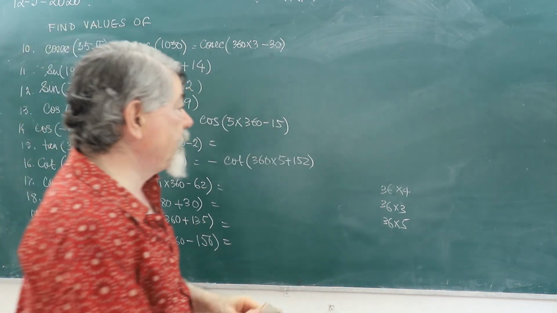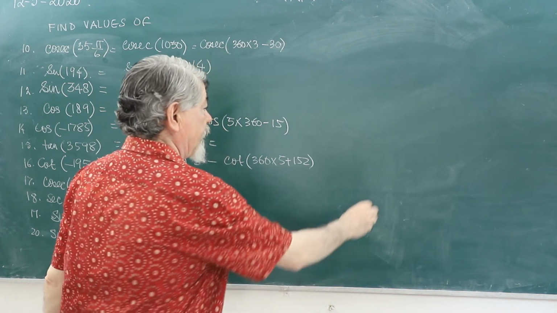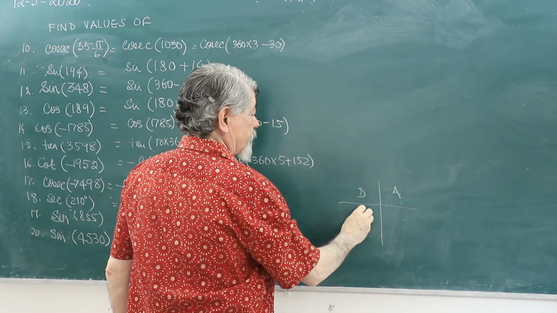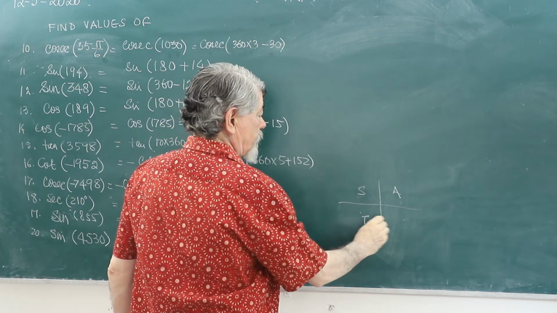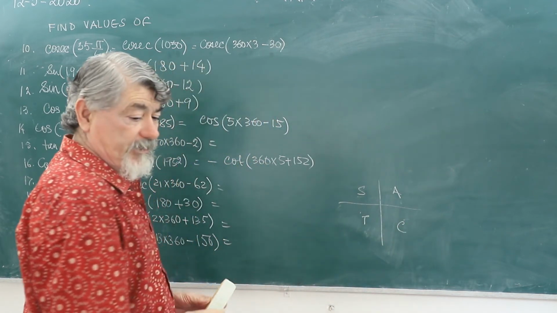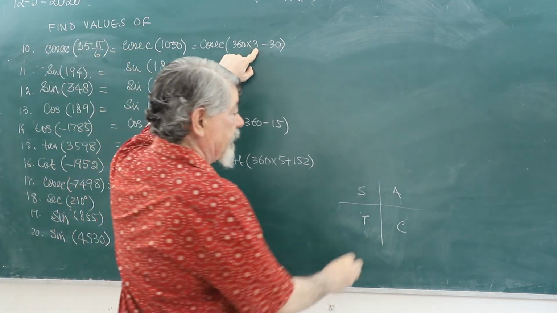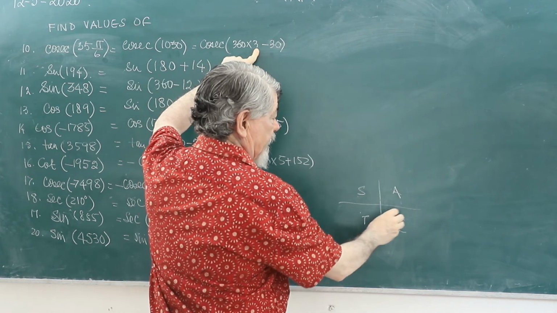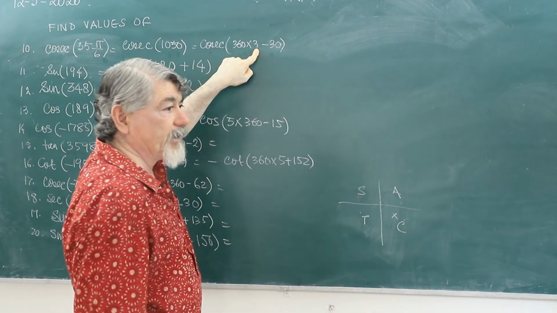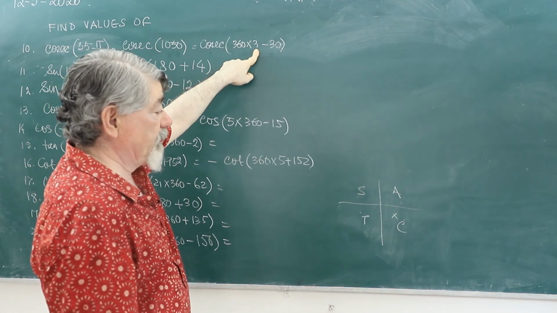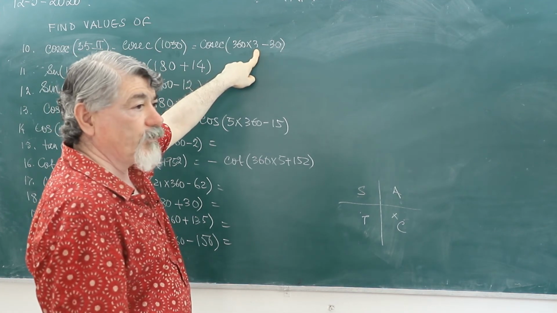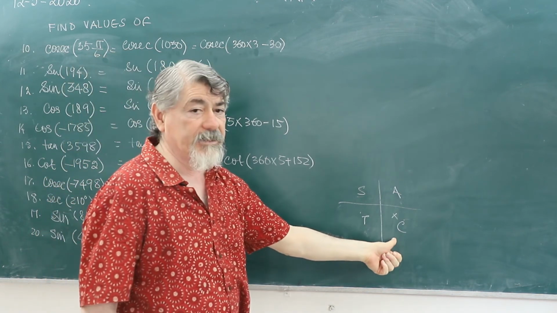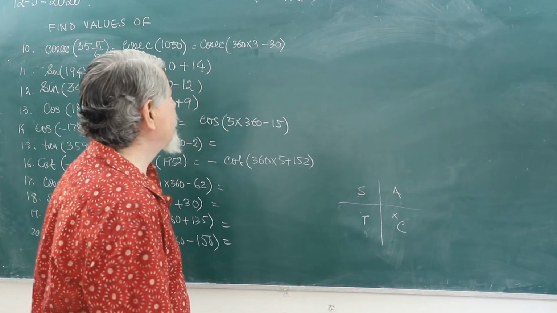Now, as I told you, this 360 into 3 minus 30 will fall in the fourth quadrant, because 3 rounds of 360 will come here, and then again it goes back. In the fourth quadrant, cosec is negative. Only cos and sec are positive, the rest are negative.